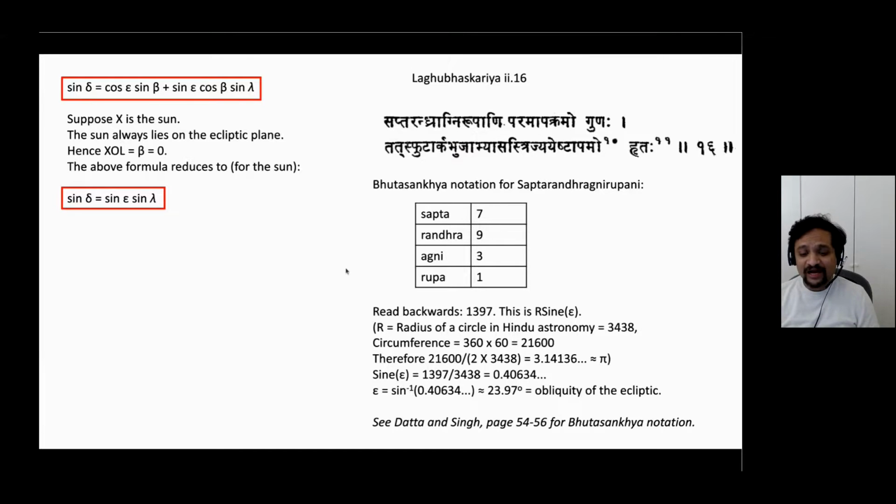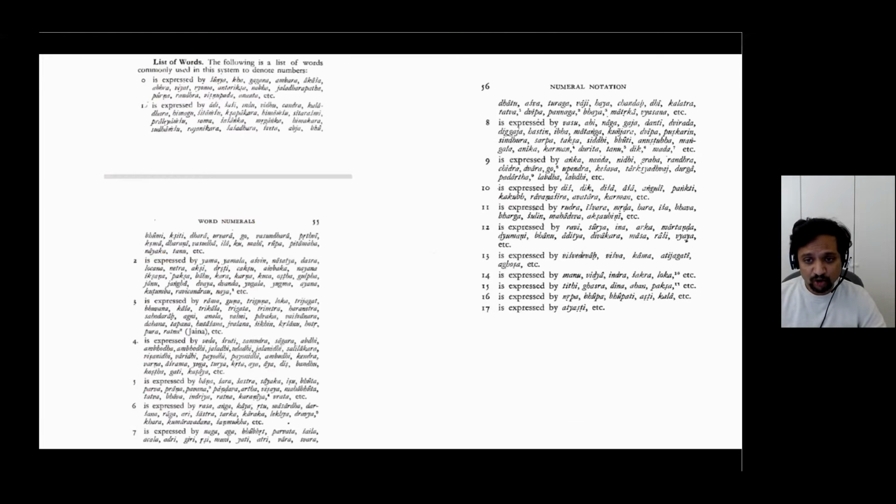I have discussed the Bhuta Sankhya system of notation in detail in my book. You can feel free to check it out. And I would also like to mention that the famous book by Datta and Singh, Source Book of Hindu Mathematics, also describes the Bhuta Sankhya system of notation. Here, for each of the numbers 0, 1, 2, 3, they have given a list of words which were used for signifying these numbers.